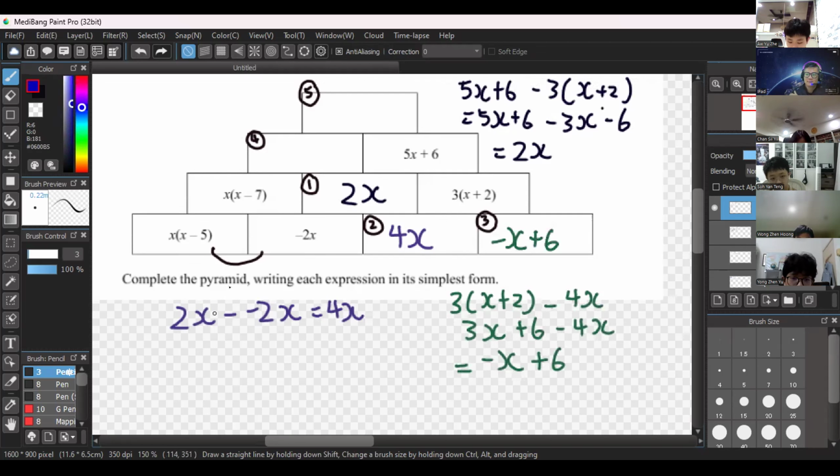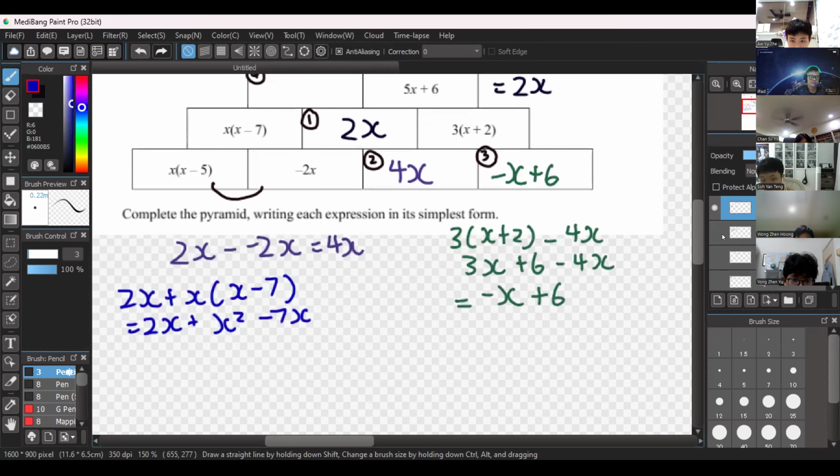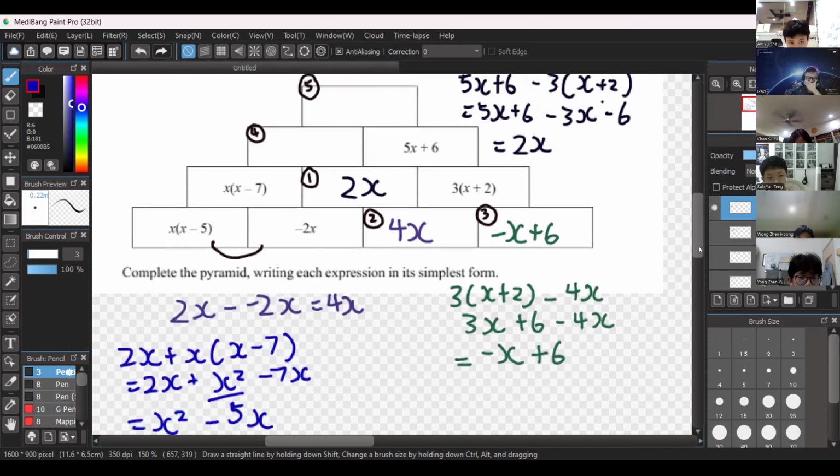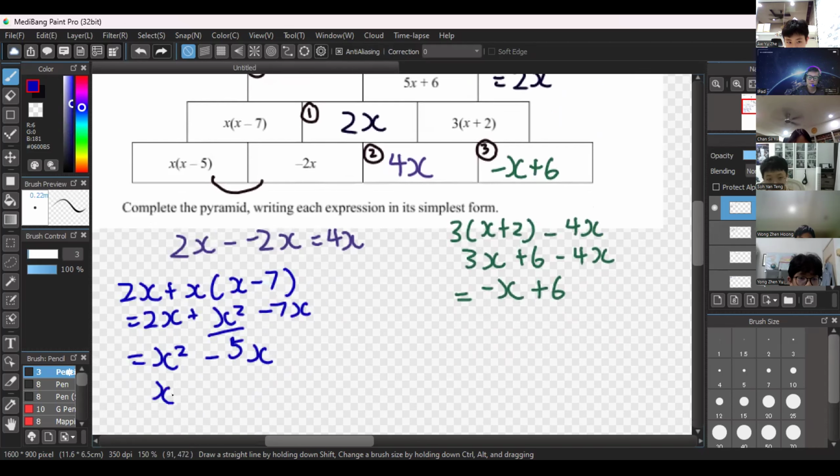Moving on to number 5, this one will be 2x plus x squared minus 7x. So it becomes x squared minus 5x, since plus 2x and then minus 7x, and the x squared will just remain the same.